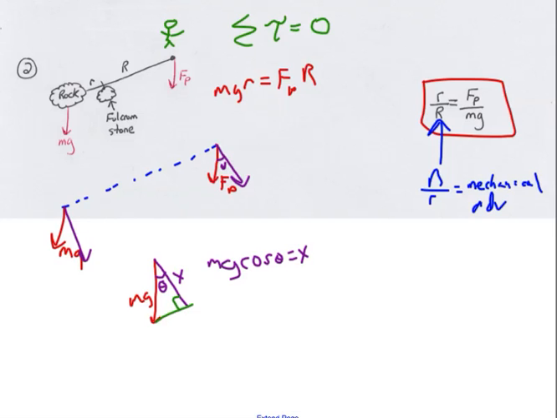For over here, you can have that the force push times cosine of theta equals, I don't know, let's call this y, because that's the true perpendicular distance that we need for our torque. Now if you set those equal, what do you notice? There's the answer in your reading guide. Okay, let's look at one more problem.